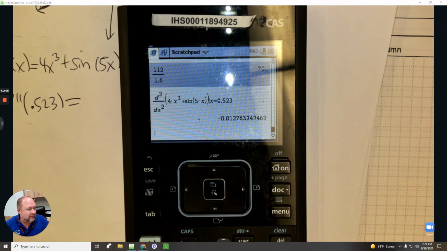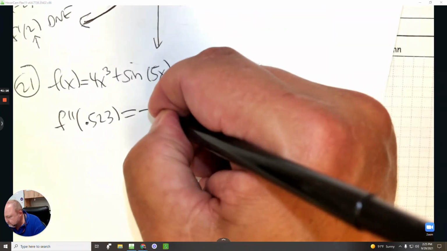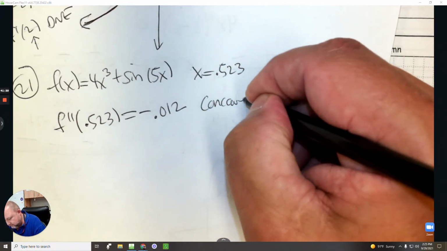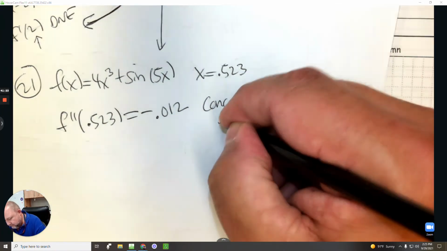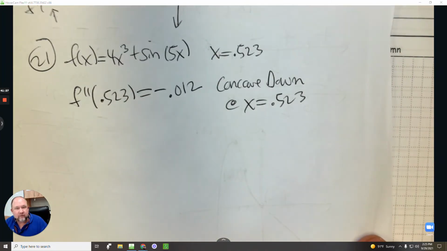I see the answer is negative, just making sure. So that means it's concave down. And that's using our calculator to see concavity.